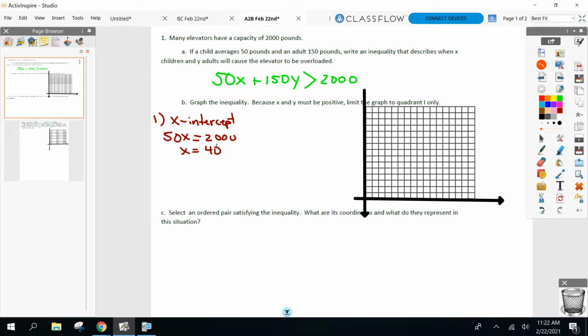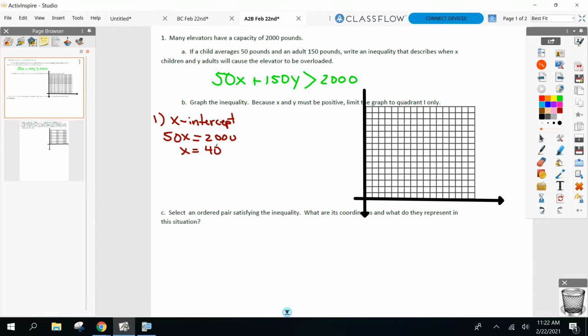Everyone getting an x-intercept of 40? Great. But then you go to the graph and there's no way I'm going to fit 40 on there going by ones. We're all in agreement? So you guys got to figure out your own scale so that 40 does fit on the x-axis. I can't go by ones, absolutely not. I don't even think I could go by twos.